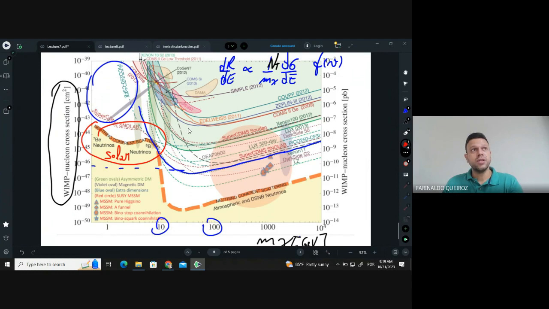But the neutrinos are coming to us all the time. However, that cross-section is small, around 10 to minus 44 for this mass. So what is this orange dashed curve saying? I know the flux of neutrinos coming, and I know the cross-section, it's standard model physics. There's nothing new.